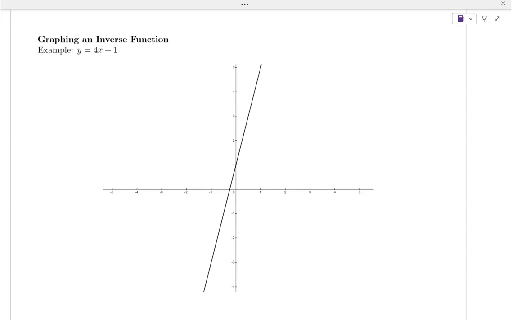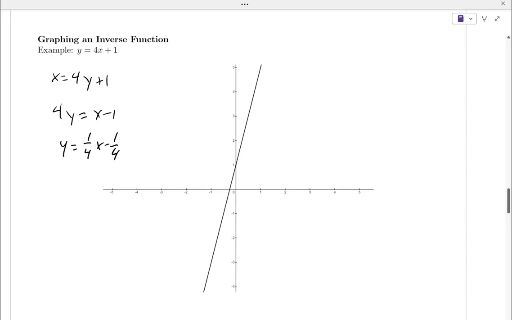If we were finding the inverse algebraically again, we would invert or flip-flop our x's and y's, and then solve for y. So we can subtract 1 from both sides and then divide by 4.